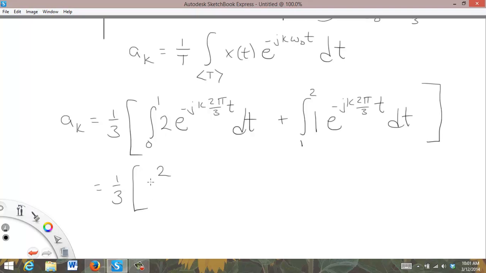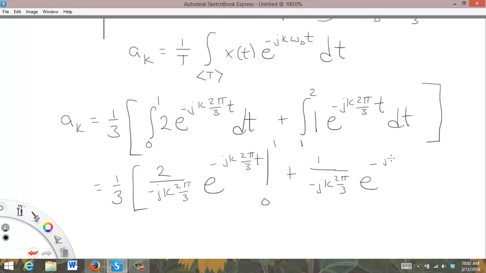We end up with 2 over minus j k 2 pi over 3 times e to the minus j k 2 pi over 3 t evaluated from 0 to 1, plus 1 over minus j k 2 pi over 3 times e to the minus j k 2 pi over 3 t evaluated from 1 to 2. Close brackets here and move this up.